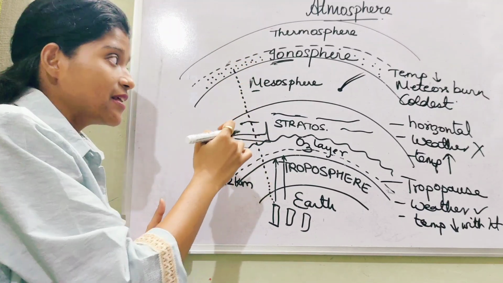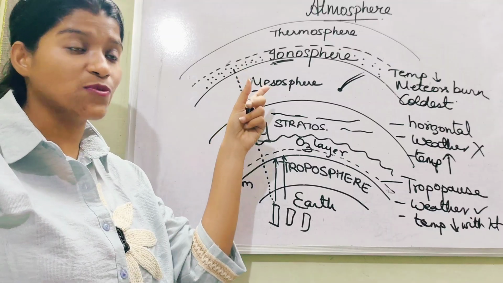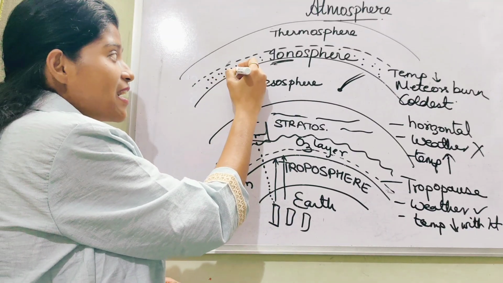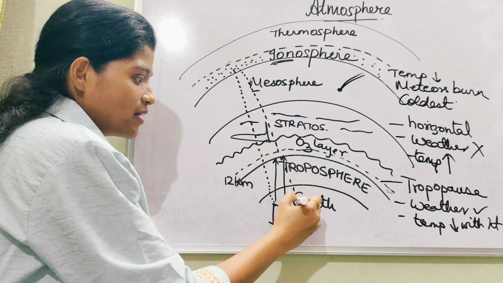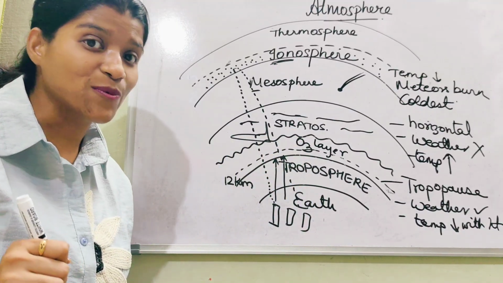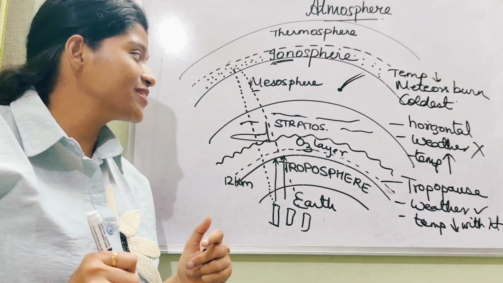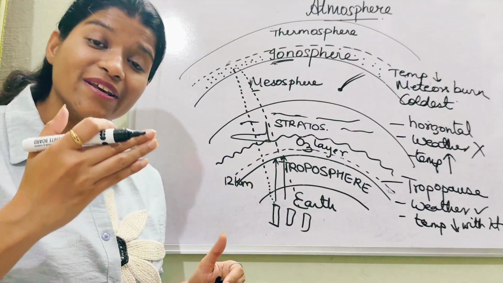These radio signals, upon reaching the ionosphere, get charged and then come back down to earth. That's how we get signals.